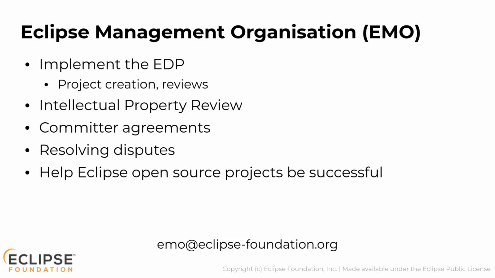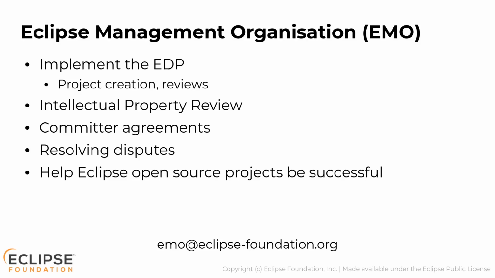The EMO is a team of Eclipse Foundation staff members who are focused on helping open source projects be successful. The team is comprised of an open source project governance team and an intellectual property team. The EMO Open Source Project Governance Team provides services to the projects, facilitates project reviews, helps project leads and PMCs resolve grievances, and more.